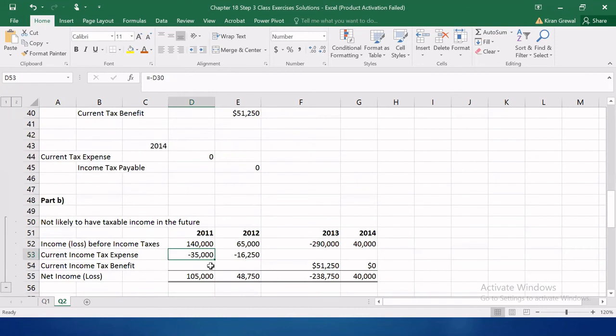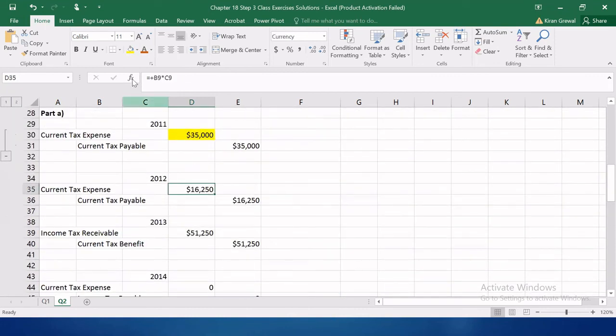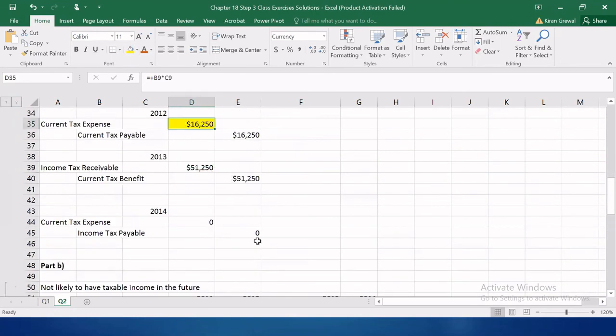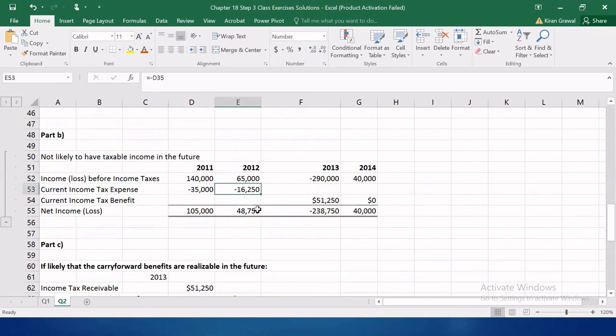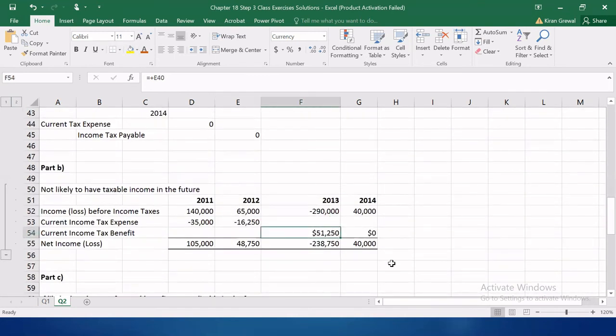So that brought down our income to 105 in 2011. In 2012, we had income of 65,000. We paid current tax expense of 16,250. That brought down our net income. In 2013, we had a loss of 290,000. And then we did this current tax benefit for a refund of 51,250. So that showed up here.